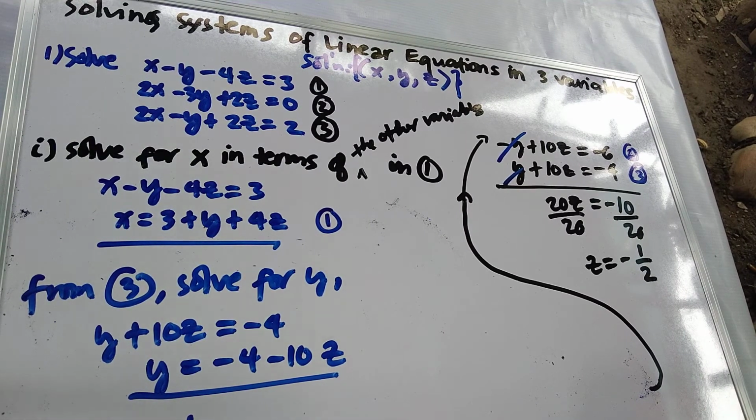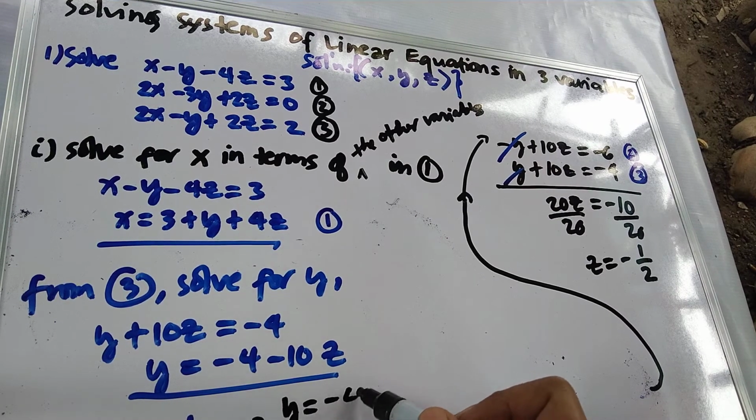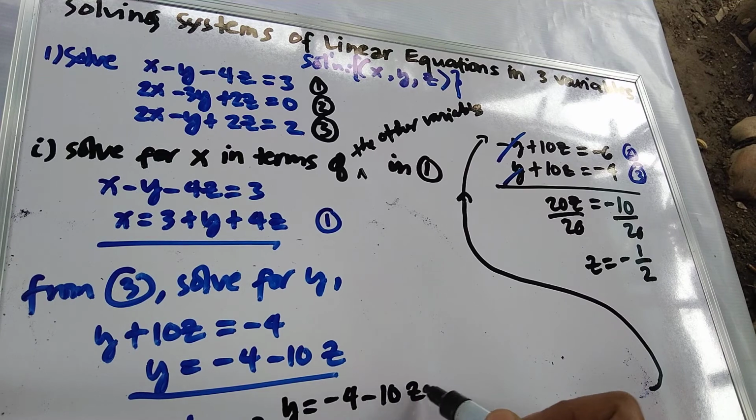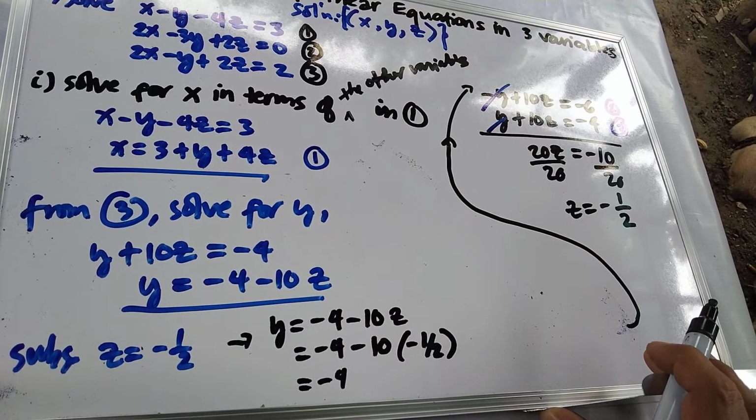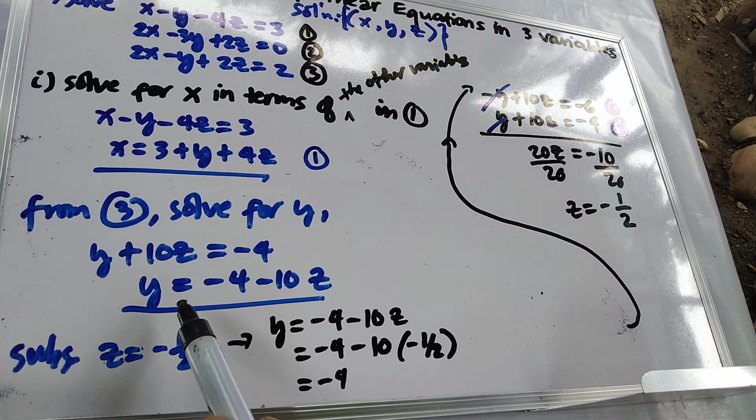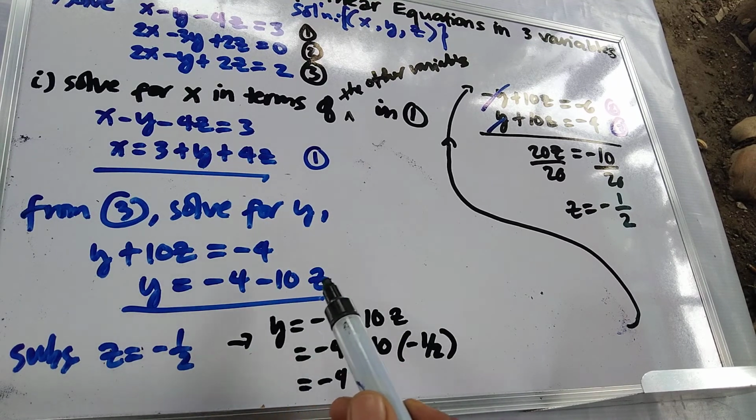So we can solve now for y. y is equal to negative 4 minus 10z.